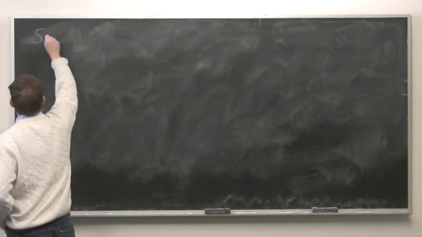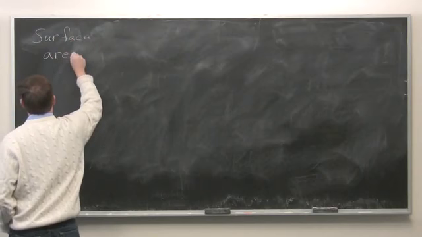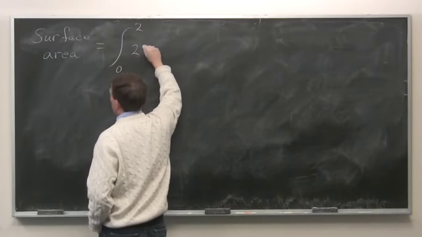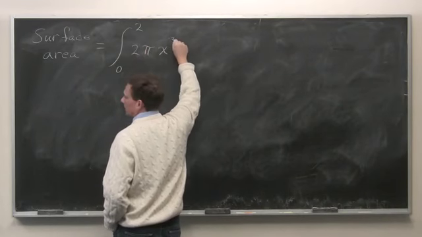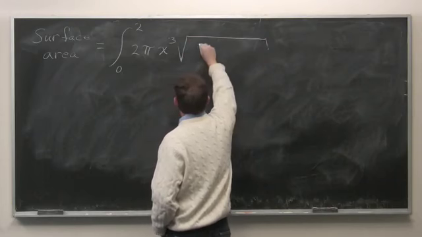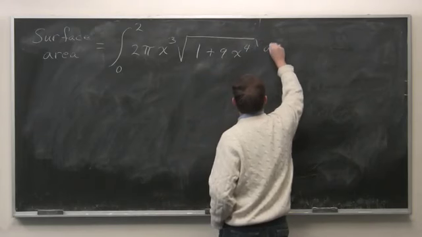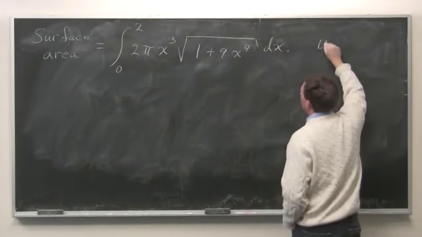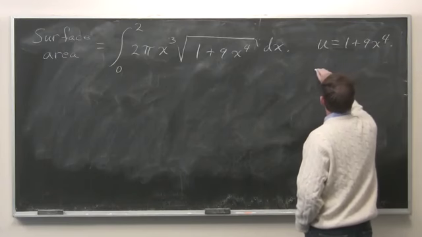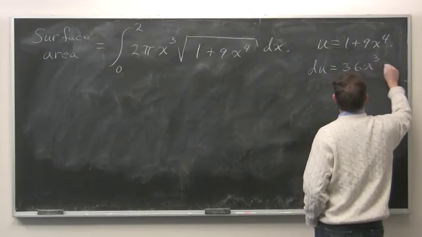So the surface area, in this case, is the integral from 0 to 2 of 2 pi x cubed times the square root of 1 plus 9x to the fourth dx. We make the substitution u equals 1 plus 9x to the fourth. So du is 36 x cubed dx.